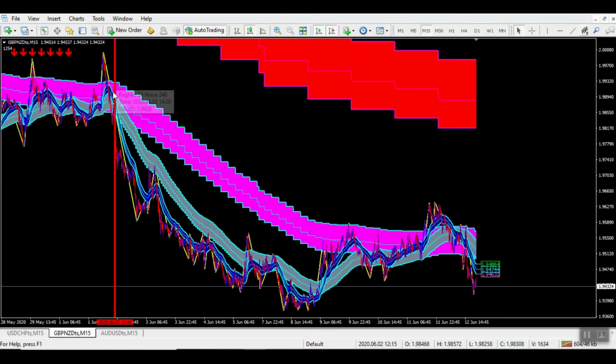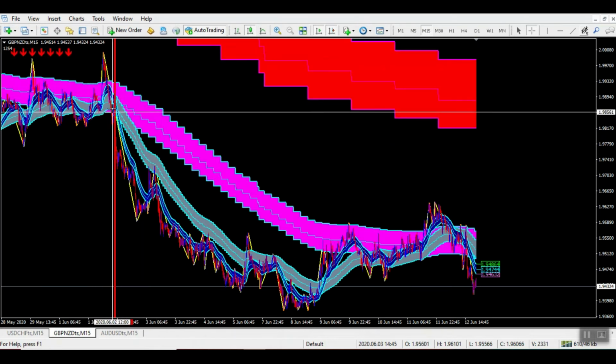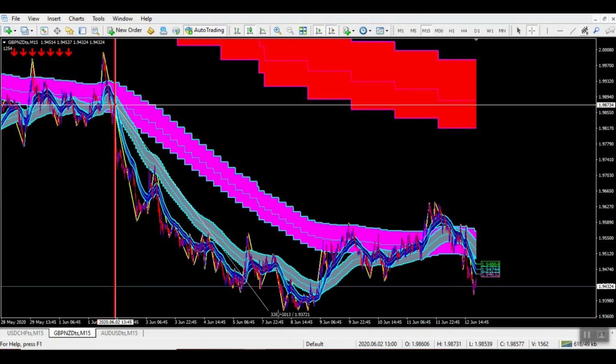But here they all started going down. See, all these are stepping down. So if you would have sold there, and the daily's going down, in this area right in here somewhere, you're looking at 500 pips.